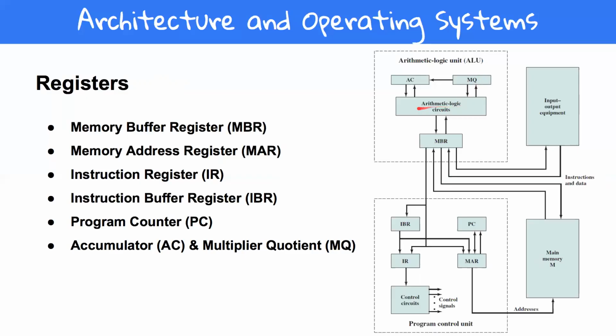Generally speaking, the result will be saved here, and then it can be stored in the memory, or it can be presented as an output. So these are the most important registers that we have.